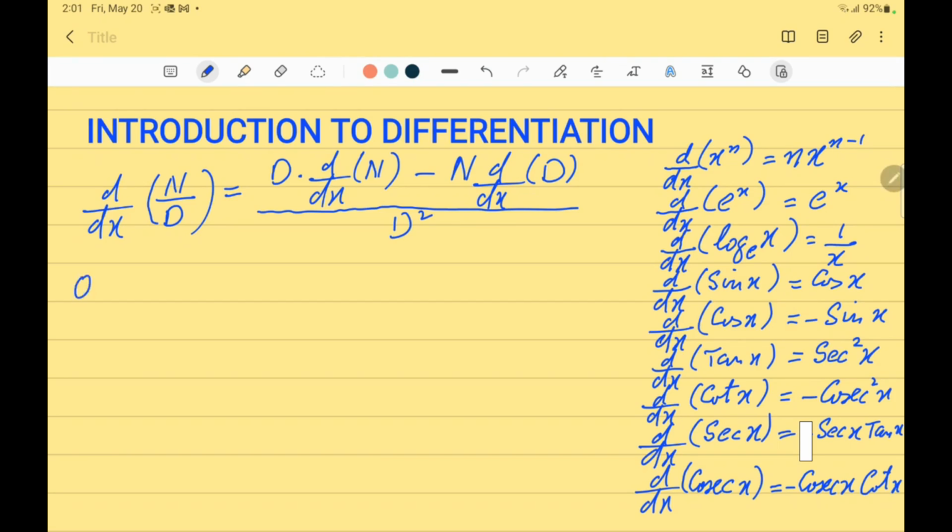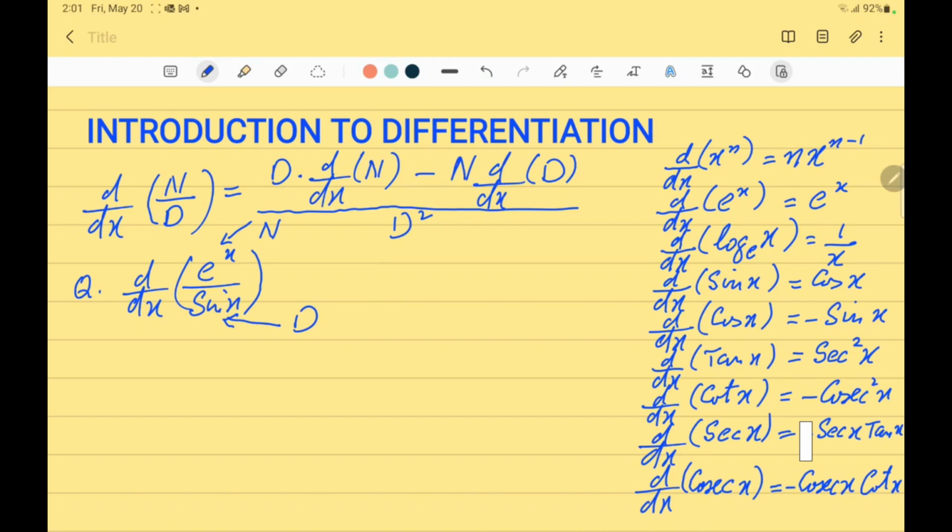Our first example is d by dx of e^x over sin x. Here we have e^x as n and sin x as d.